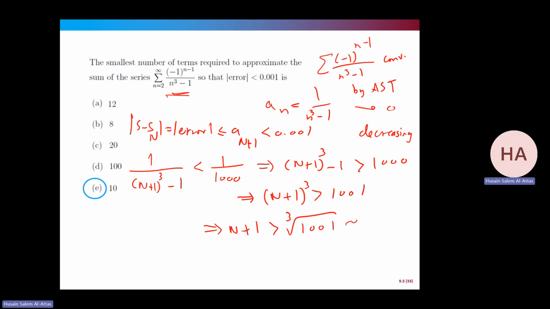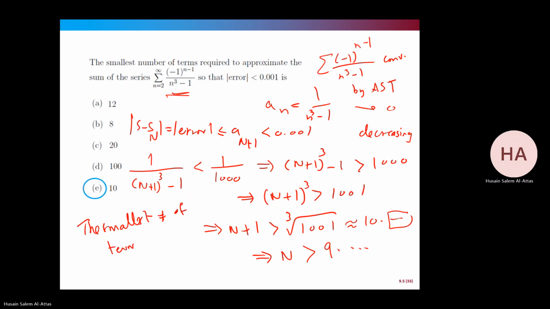The cube of 10 is 1000, so it's 10 point something. Who cares? That means n is greater than 9 point something. What's that something? I don't care. So it means the smallest number of terms will be an integer more than 9 point something, which should be 10. So this would be my answer.